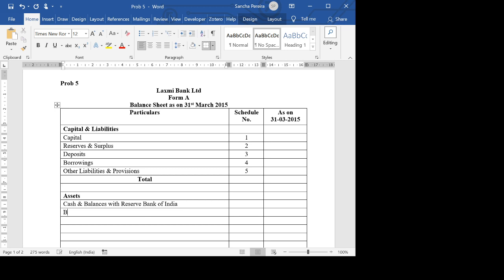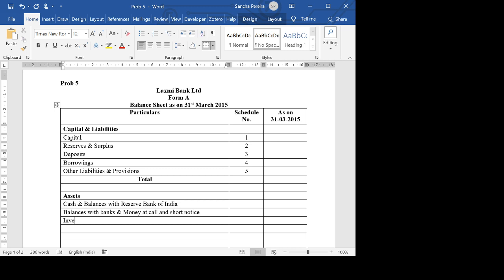Then we have balances with banks, that's other banks, and money at call and short notice.